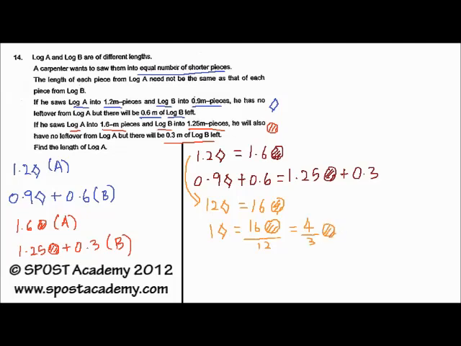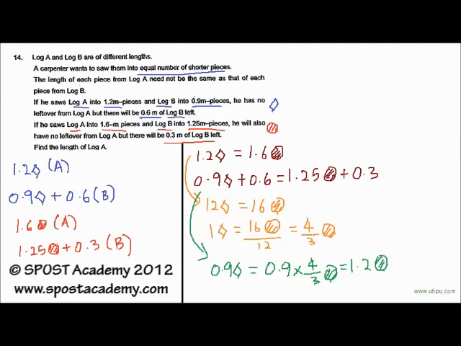So 1 diamond equals 4/3 circle. Therefore 0.9 diamond is equal to 0.9 times 4/3 circle, which equals 1.2 circle.